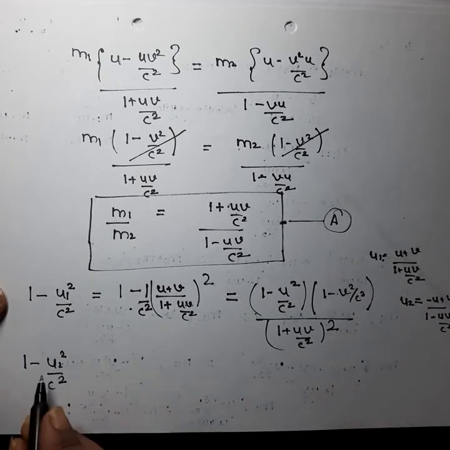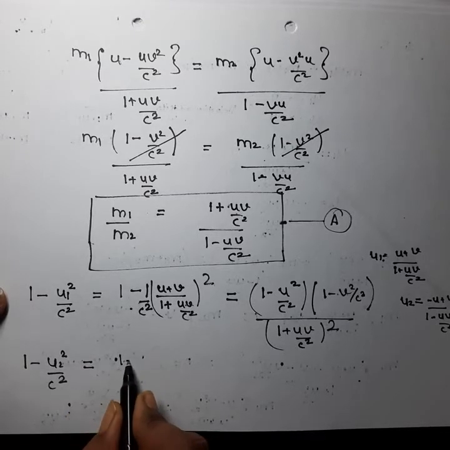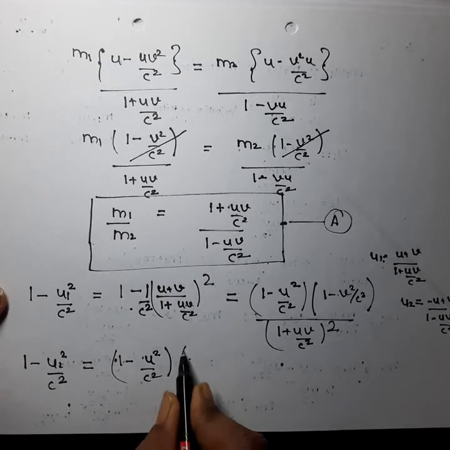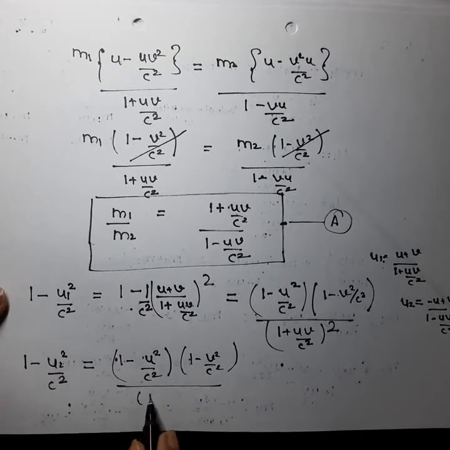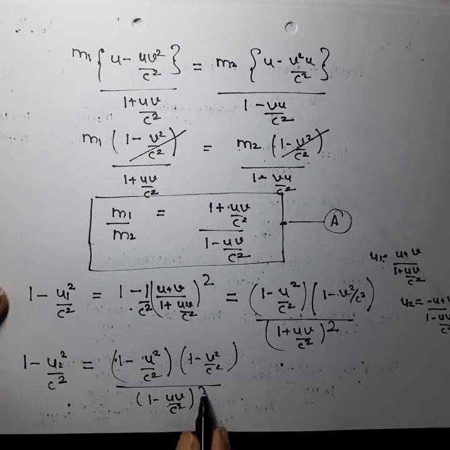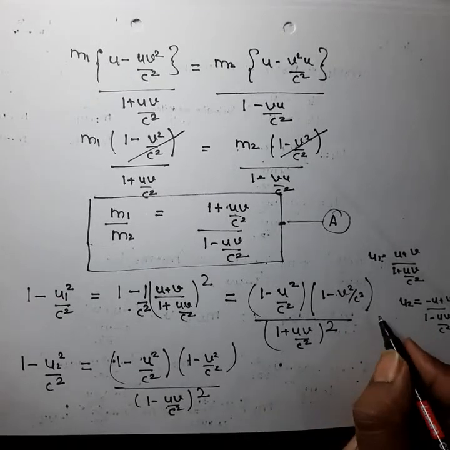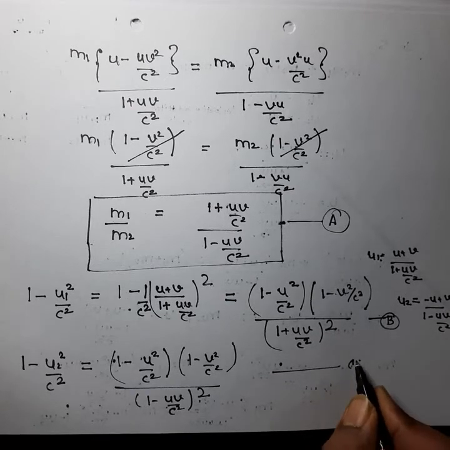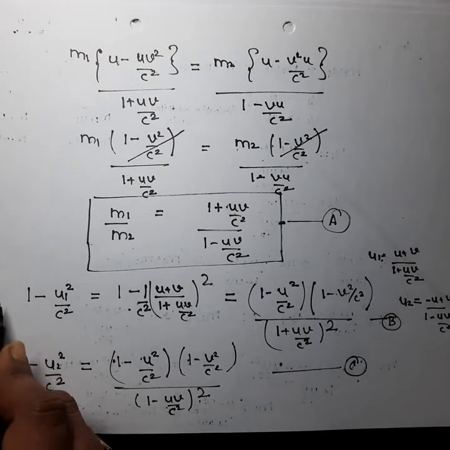When you substitute here, you will get the final expression 1 minus u square by c square times 1 minus v square by c square divided by 1 minus uv by c square, whole square. Let's call this B and this equation C. Now what we will do, we'll divide these two equations.